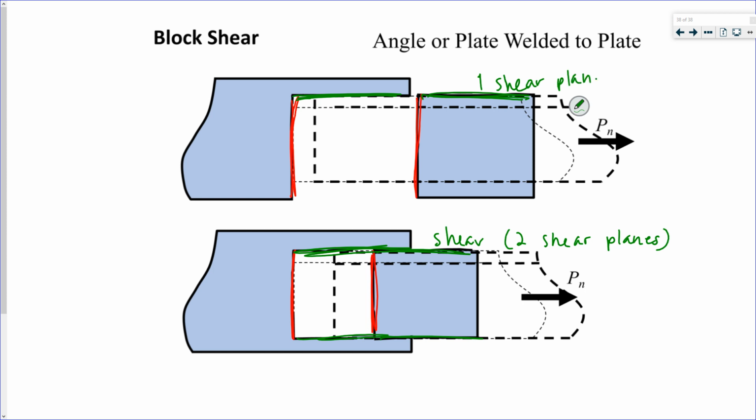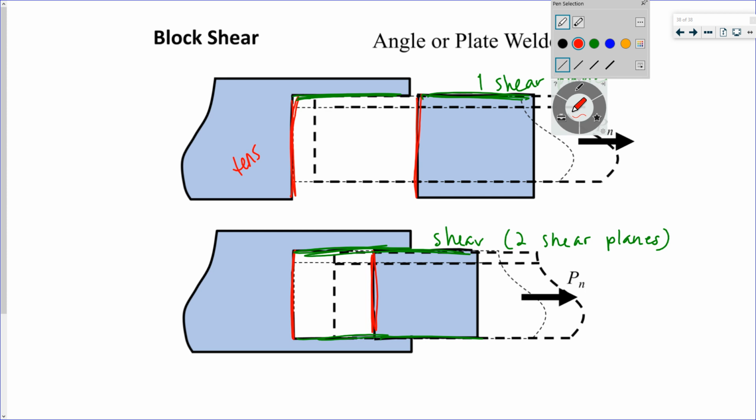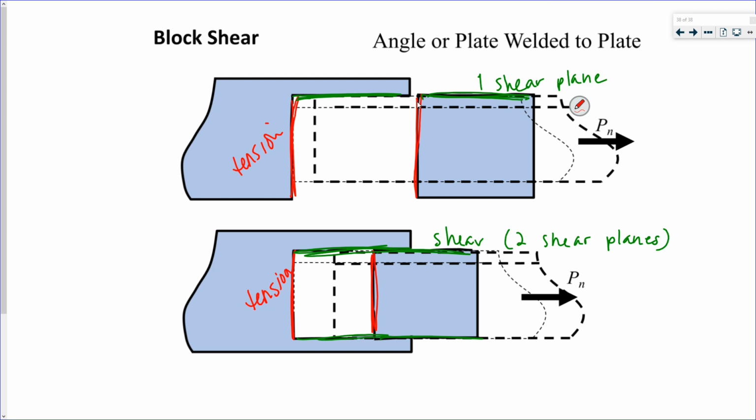And the tension plane's a little bit bigger in the top one, but maybe not compared to how much effort it's going to take to rupture those two shear planes. But it's always good to calculate both.